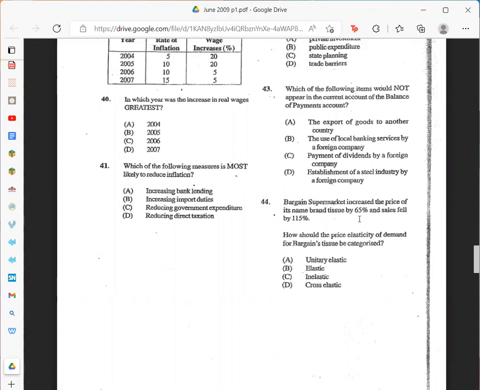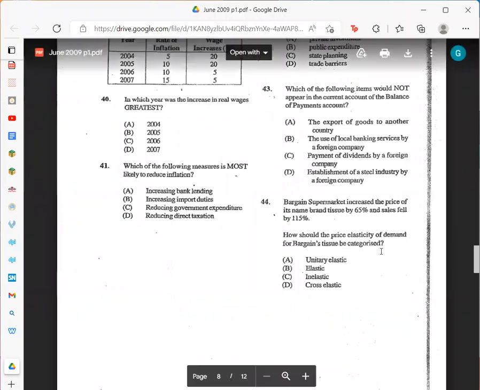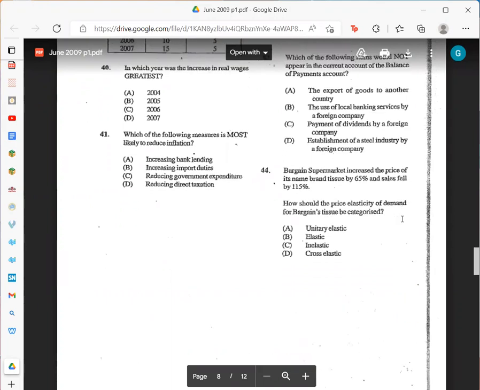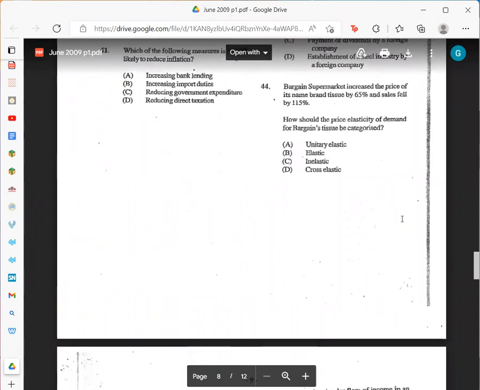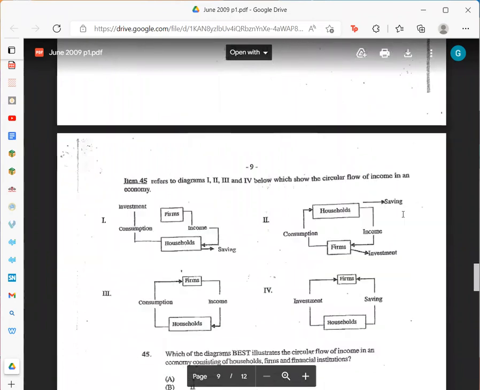It's elastic because there was a bigger than proportionate change in the quantity demanded. 65% change in price, 115% change in the sales or the quantity demanded.